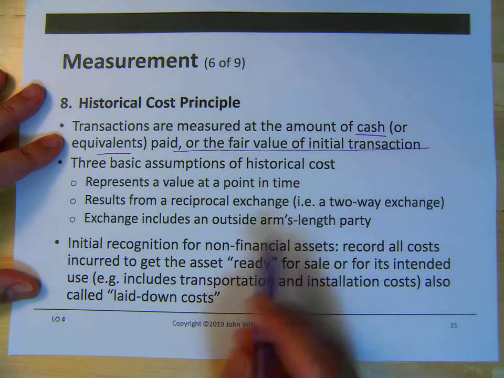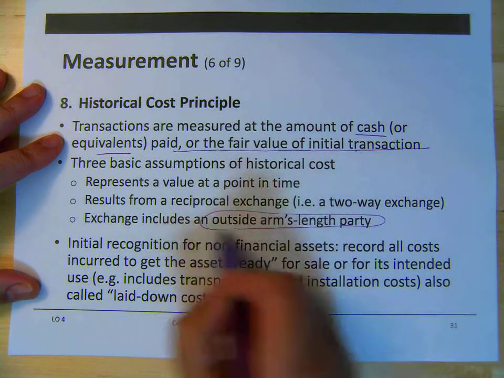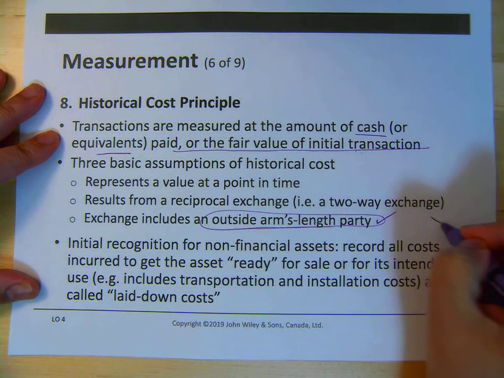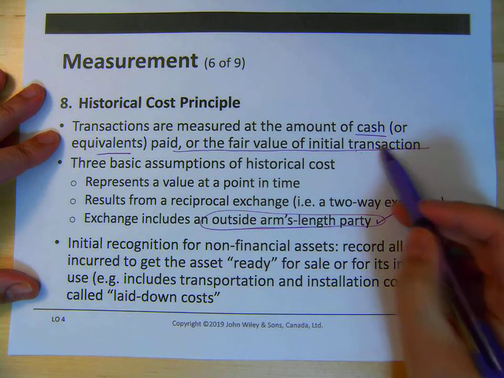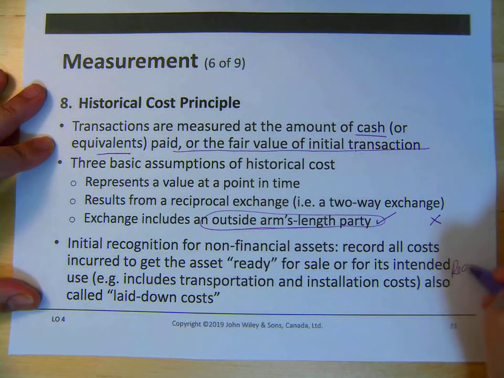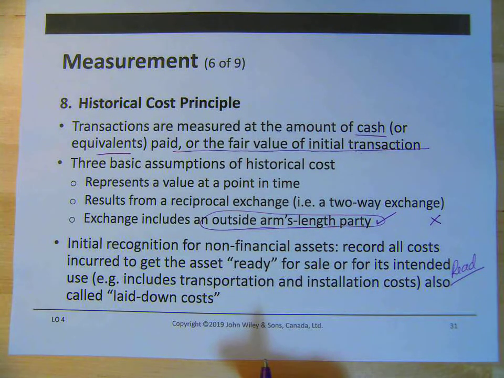For example, you need an outside arm's length party. So we should have that. If you don't have it, then you can't necessarily use the fair value. But again, don't worry about that yet. We will go through it when we go through the other chapters.